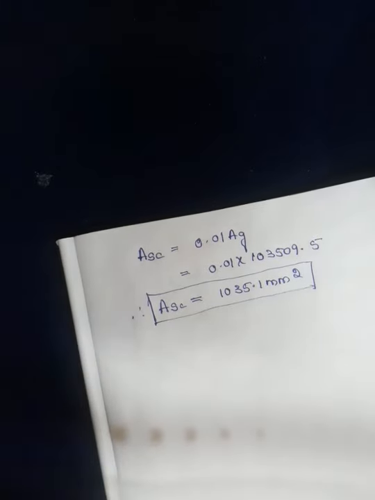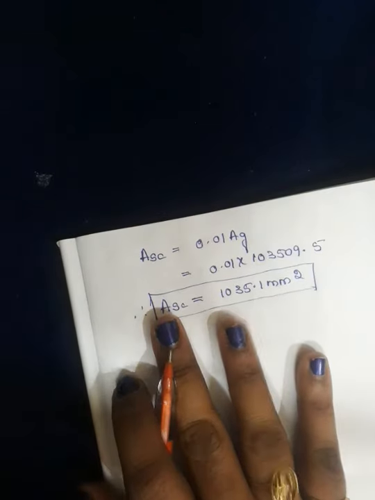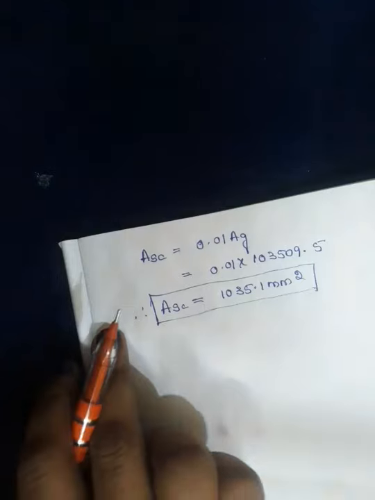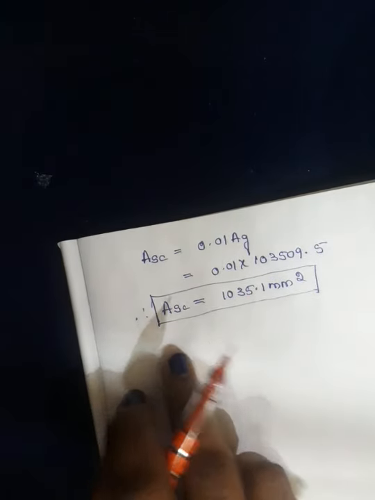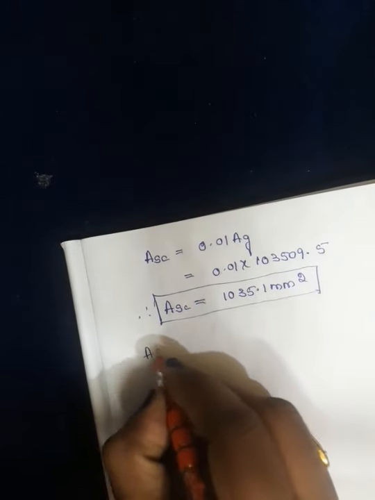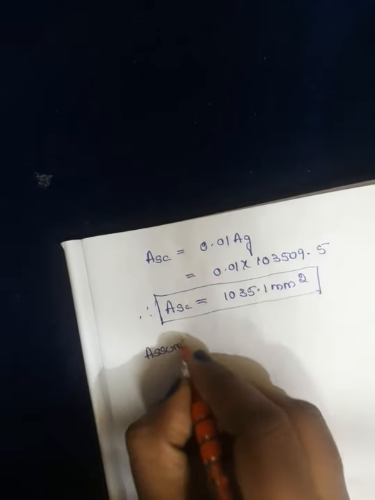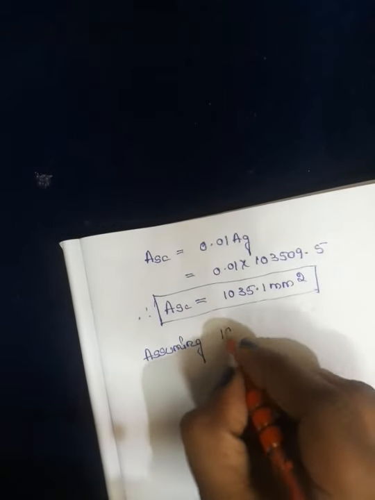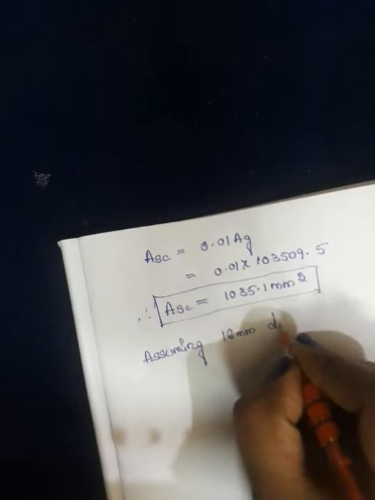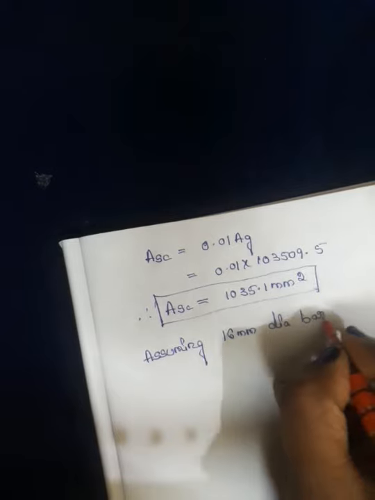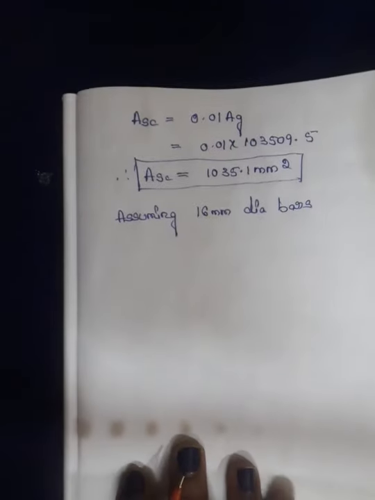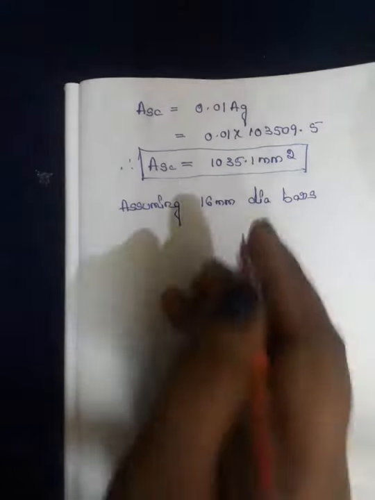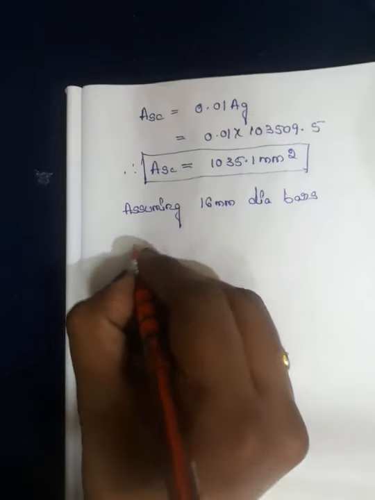Now we know the area of steel to be provided. Now we need to find the diameter required and how many bars are required. So we'll see that. Assuming 16 mm dia bars, we'll find the number of bars.